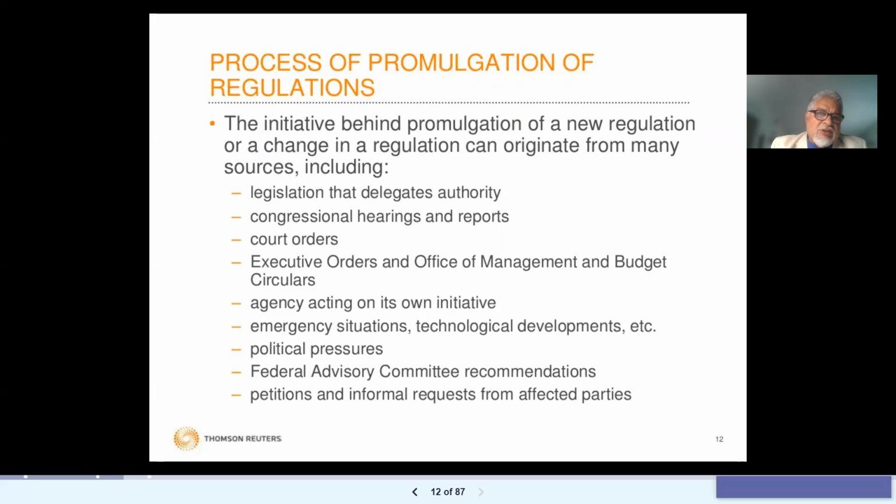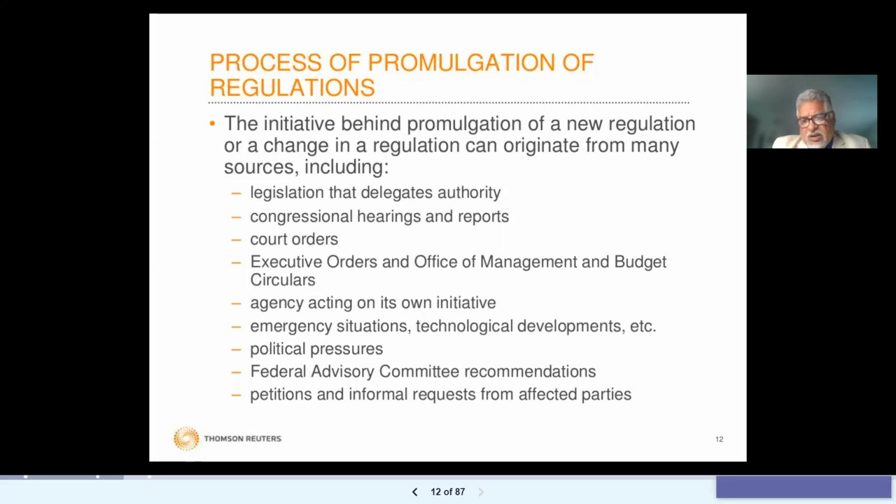The process of promulgating regulations, and there's going to be a little map and chart that comes ahead. It's really interesting. It depends on the authority that has been given by the legislative, and then the congressional hearings and reports. Then there are court orders, there are executive orders, the Office of Management and Budget circulars. That's a lot of reports and studies. The agency acting on its own initiative can promulgate some more regulations.